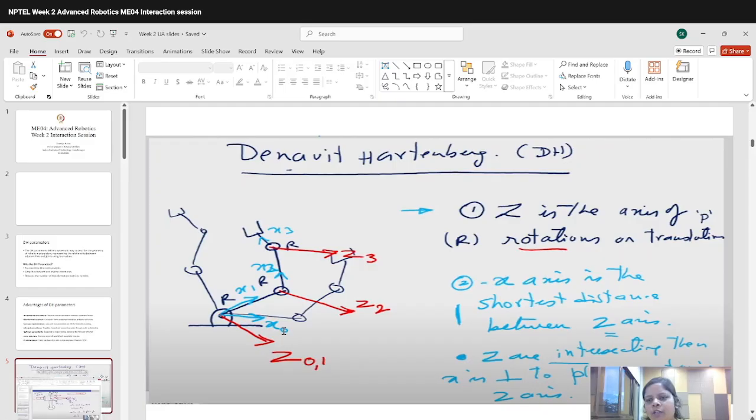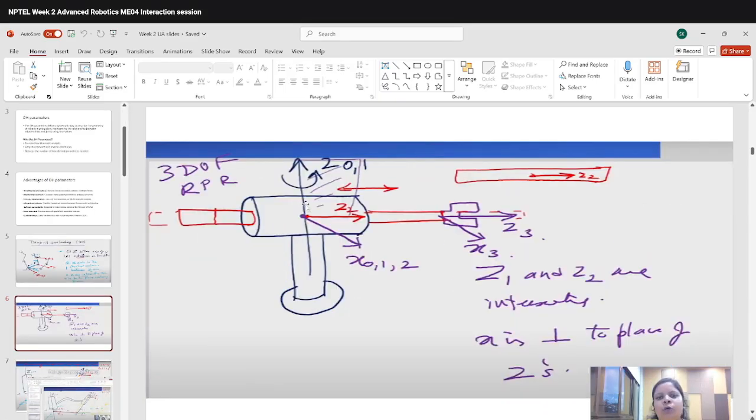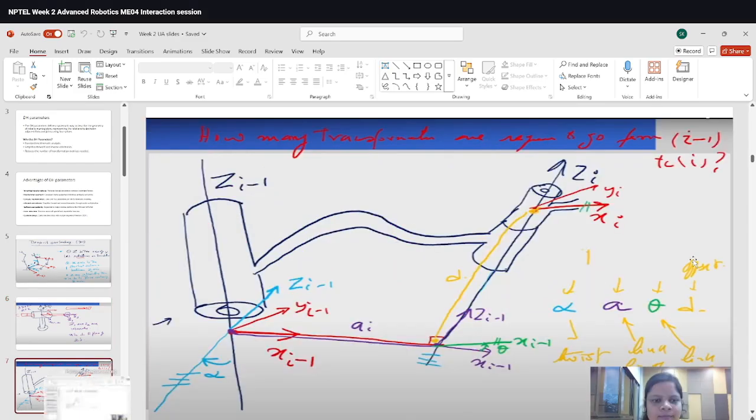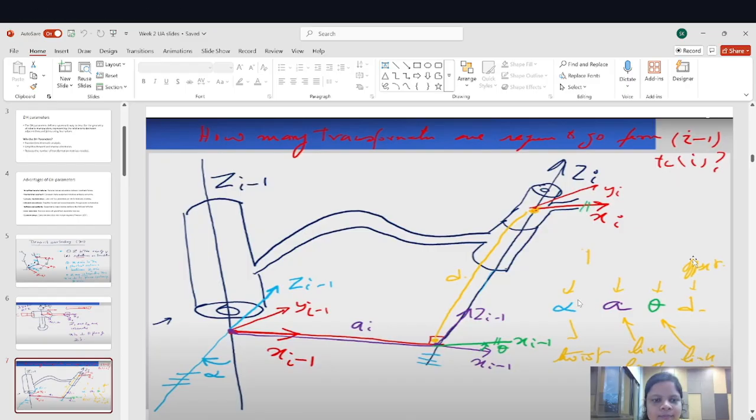Then after this, the important thing: these are basically the parameters alpha, a, theta and d, where alpha is the link twist, which is basically the angle between the z axes.